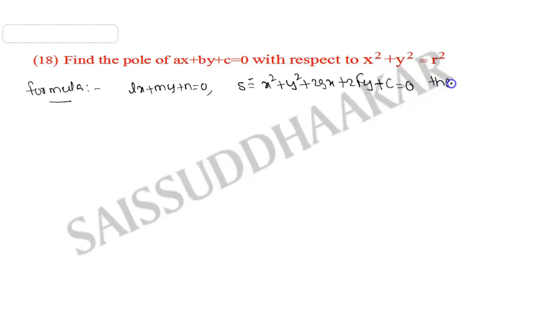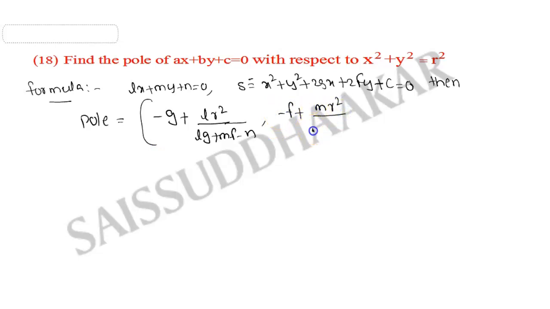Then pole formula is minus g plus lr square by lg plus mf minus n, comma minus f plus mr square by lg plus mf minus n.